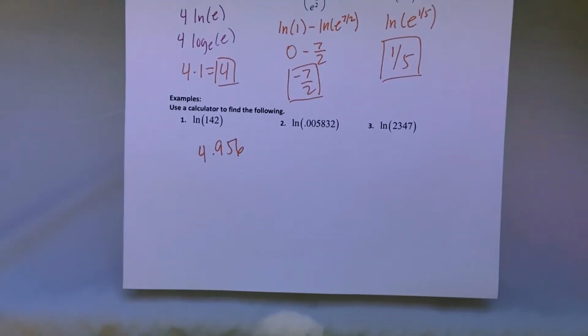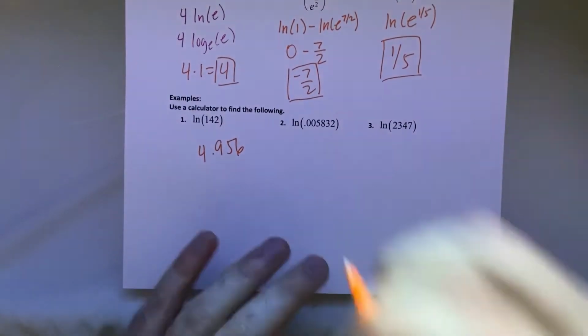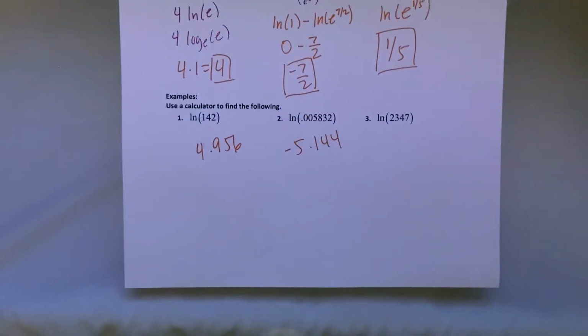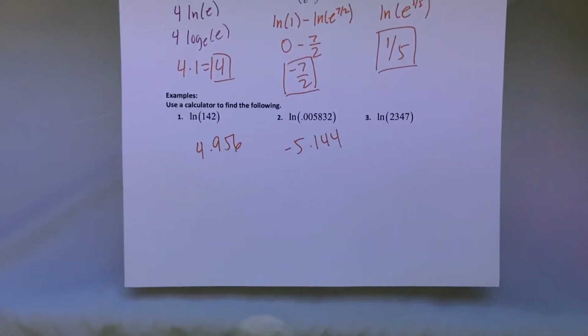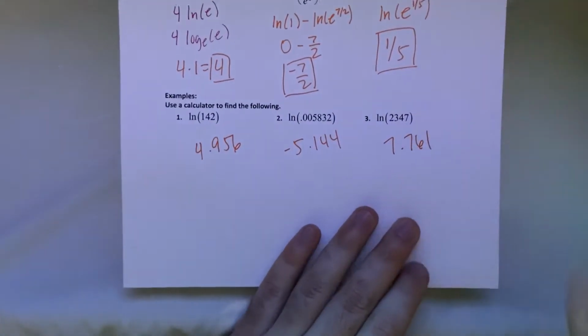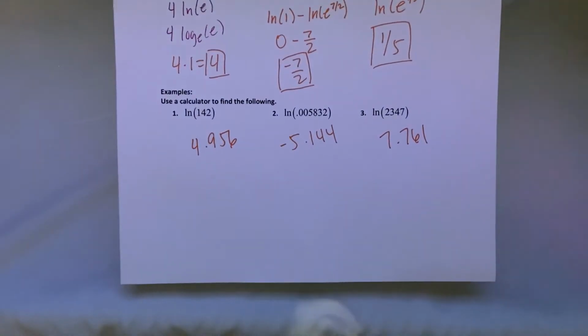The ln of 0.005832 is negative 5.144 in the calculator, and the ln of 2347 is 7.761, rounded to 3 decimal places.